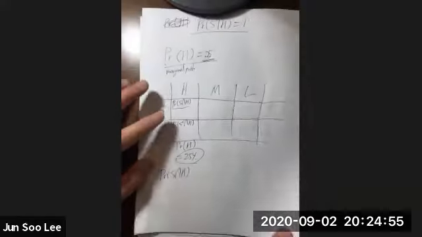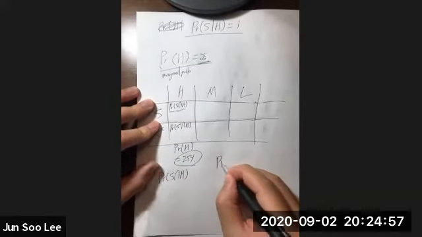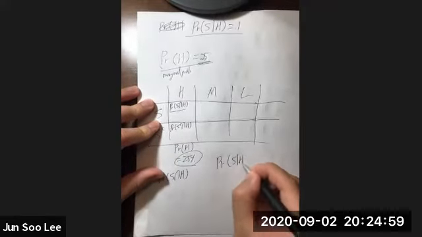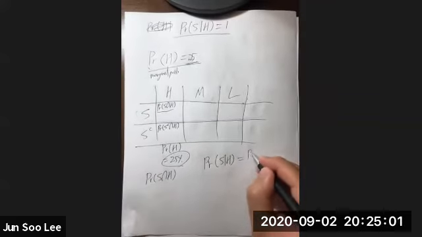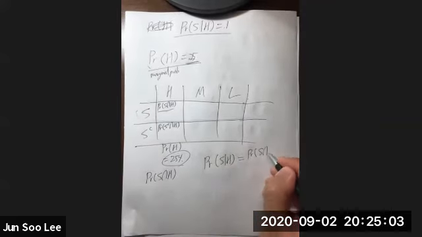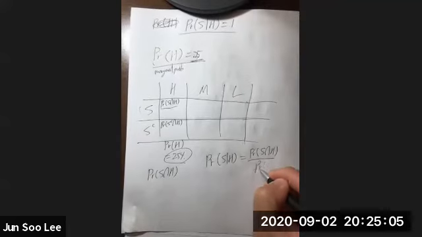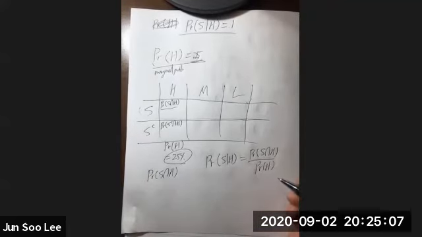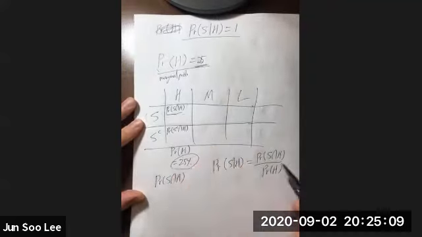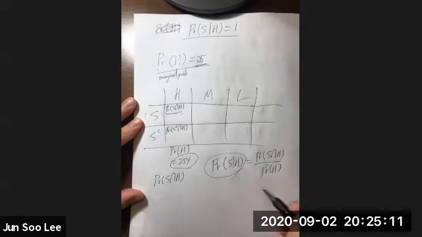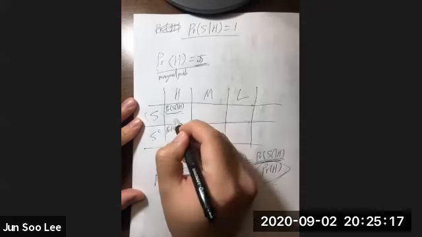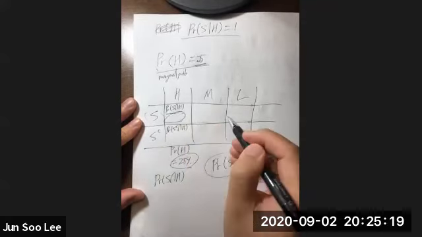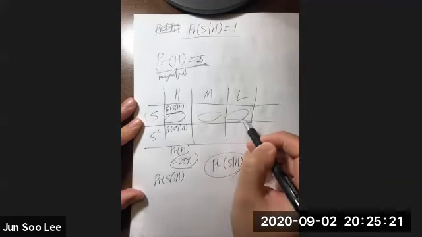So the conditional probability of S given H is the probability of S intersection H over the probability of H, right? I want to figure out this one. I have this information, I have this information. Can I get that? Of course. Just plug in the numbers and you'd get this one. Similarly, you can get this one as well.